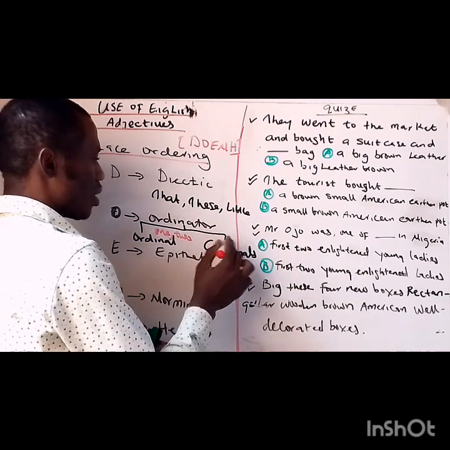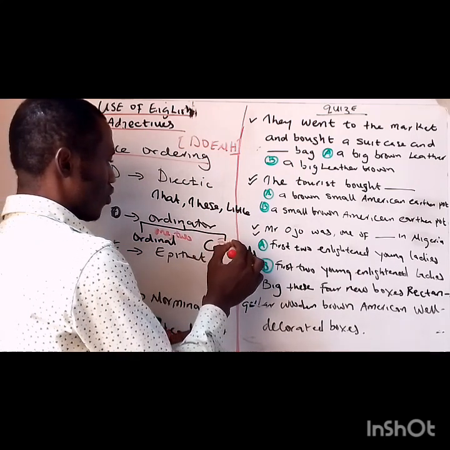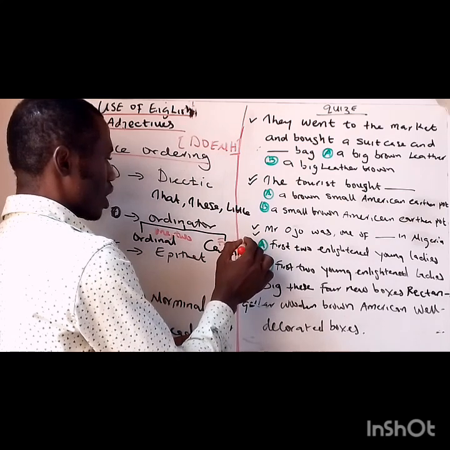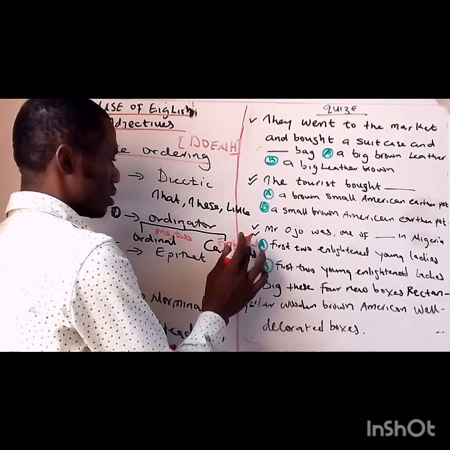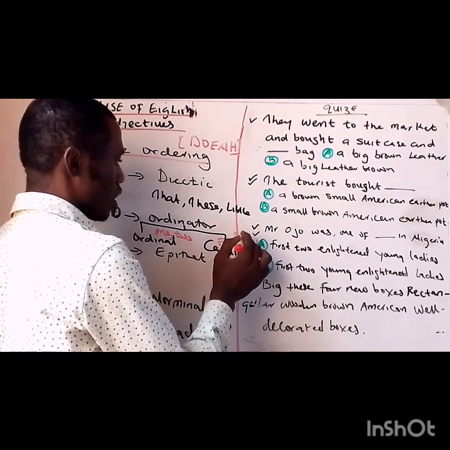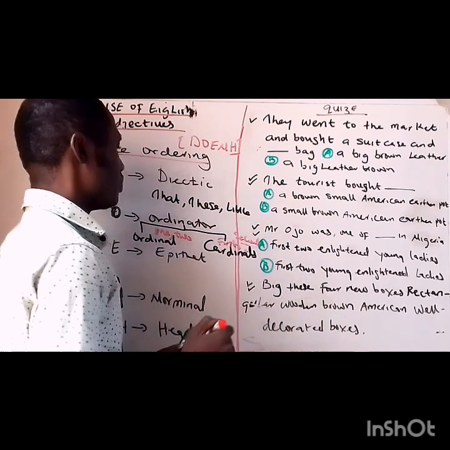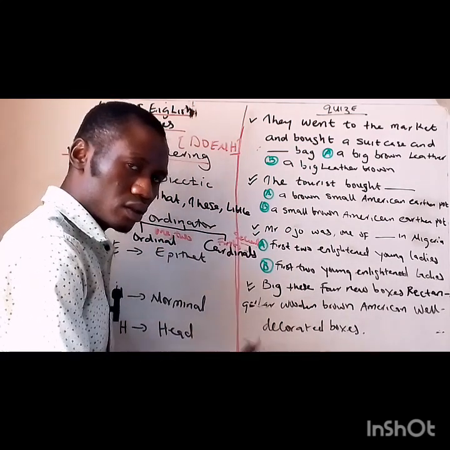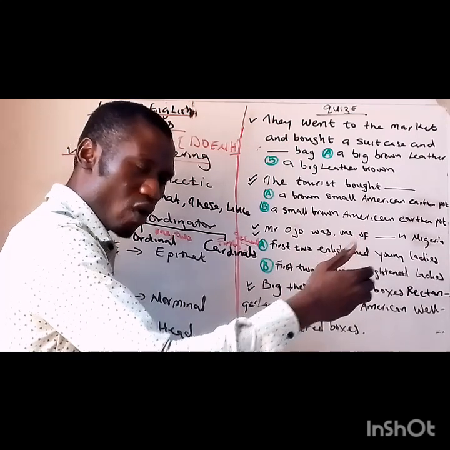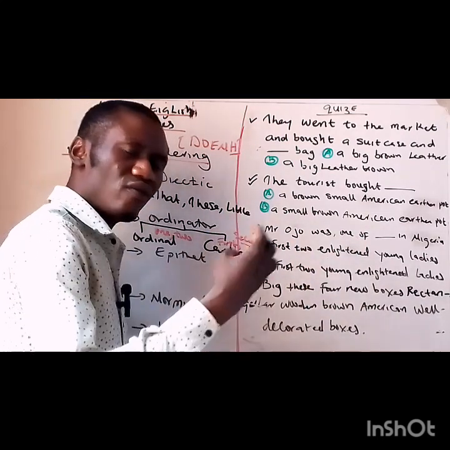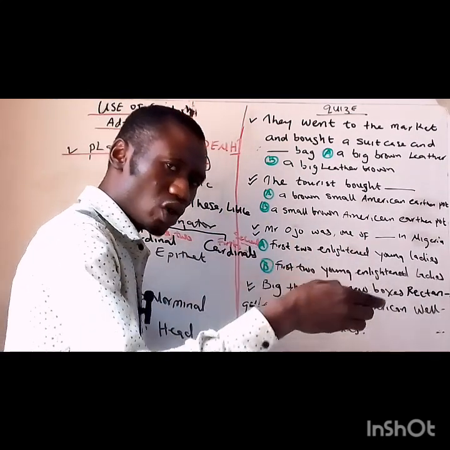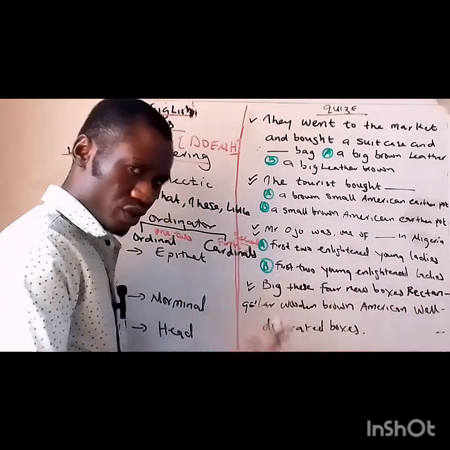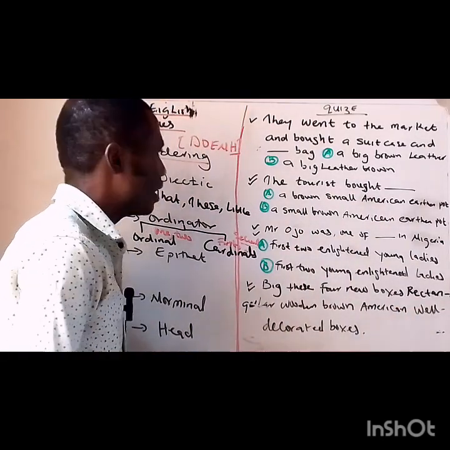Then for the cardinals, the 1 becomes first, the 2 becomes second. Now, you can see that the ordinals are 1, 2, 3, 4, and then the cardinals are first, second, third, fourth. Do you understand that? I take it again.